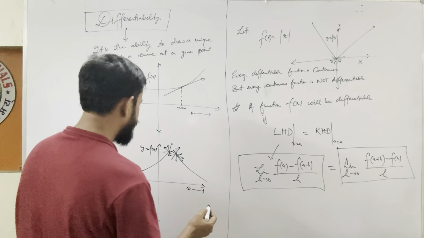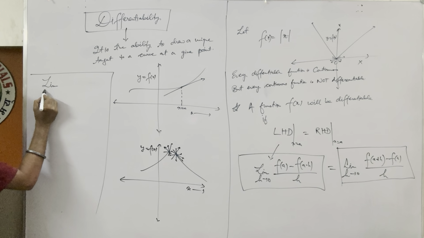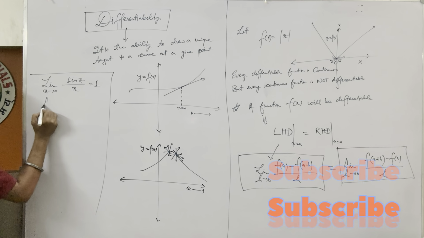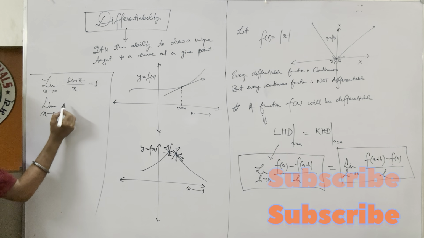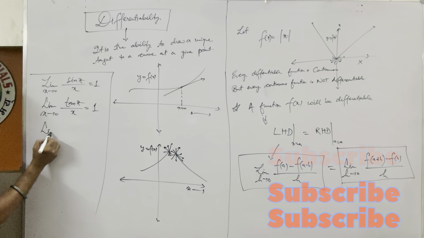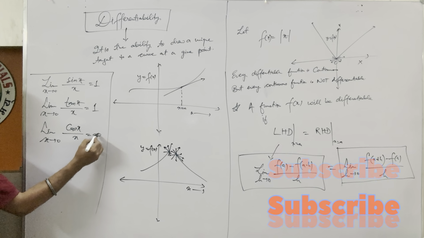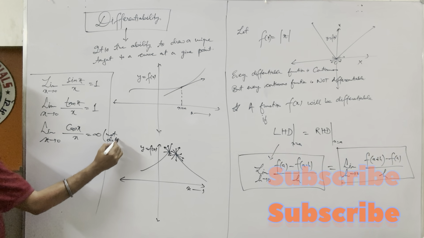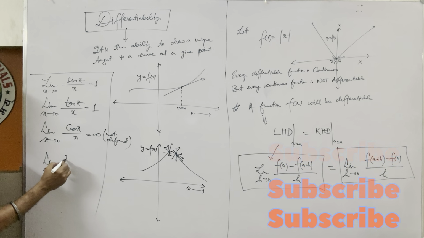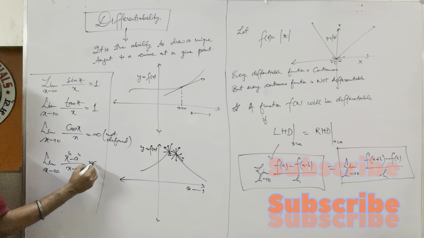There are a few limit formulae which are useful to keep in mind: limit x tends to 0 of sin x by x is 1, limit x tends to 0 of tan x by x is also 1, limit x tends to 0 of cos x by x is not defined, and limit x tends to a of (x to the power n minus a to the power n) by (x minus a) becomes n a to the power n minus 1.